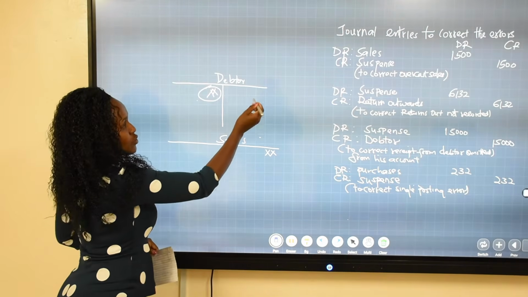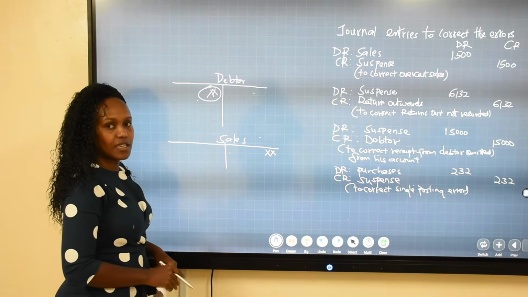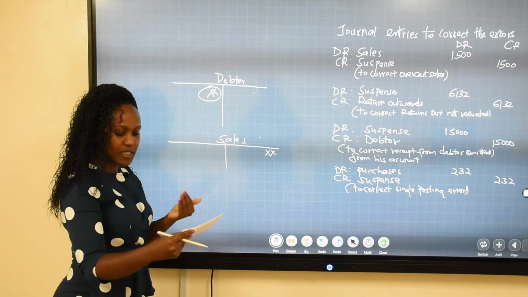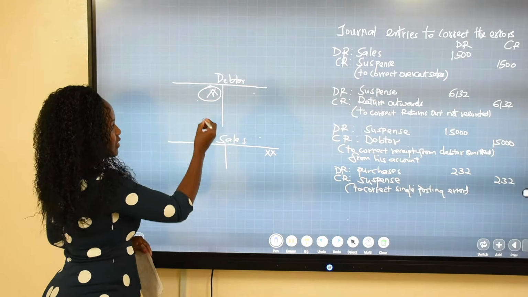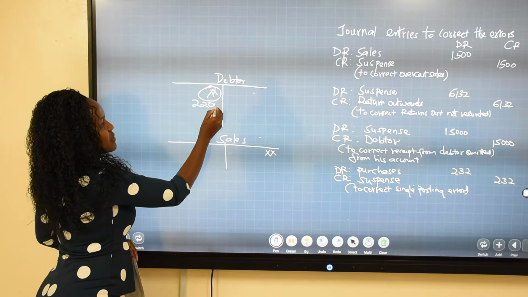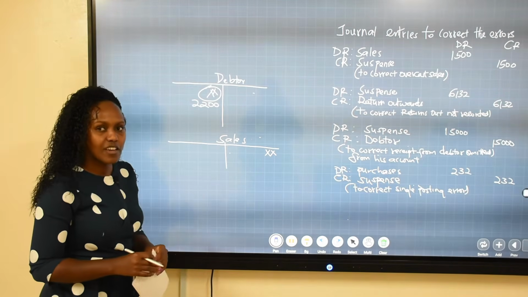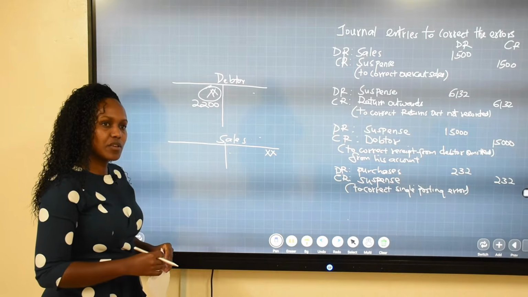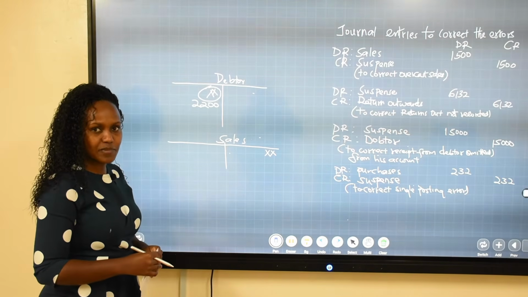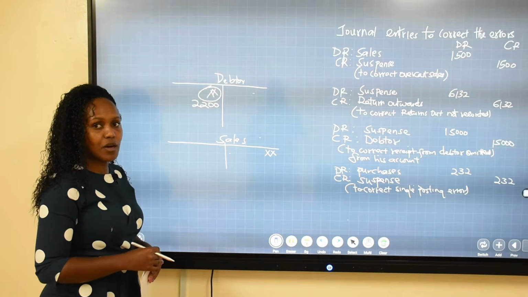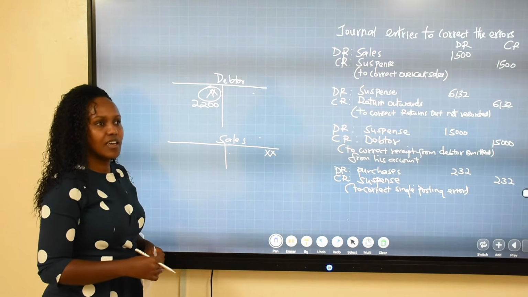So the right thing was to credit. But here we are being told we received the money, but instead we debited his account. So that is why I'm saying it's a big problem, because we have increased the amount that he owes us instead of reducing the amount that he owes us.